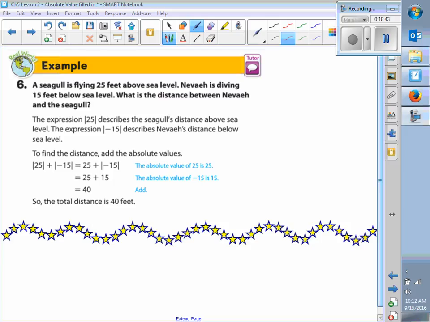Below sea level is a negative number, right? So we want the absolute value of -15. Is everybody clear how we got the expression?